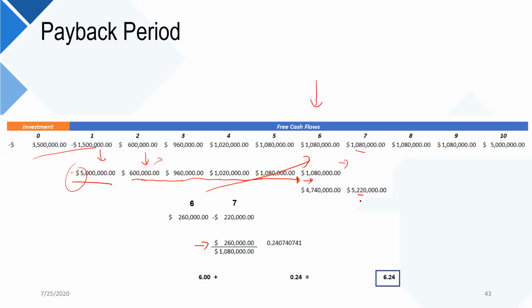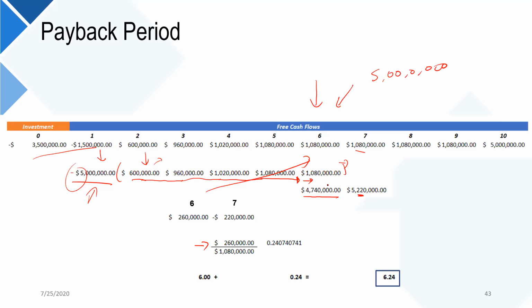220,000 would be right if at year 6 we had repaid 5 million, and the difference would be 220. But the payback amount is 5 million, so it cannot be 220. What we are doing here is that if you add these 1, 2, 3, 4, 5 values up, you get 4,740,000.